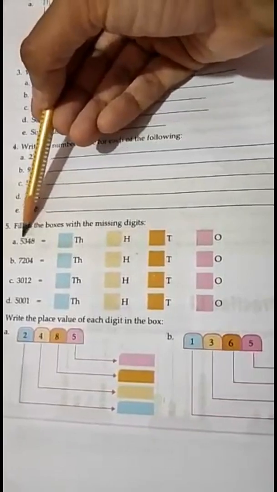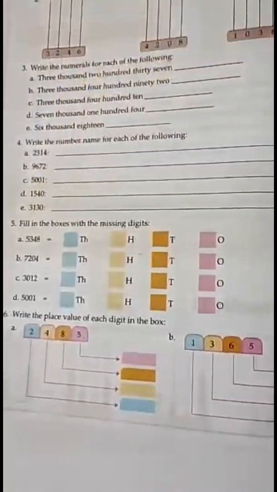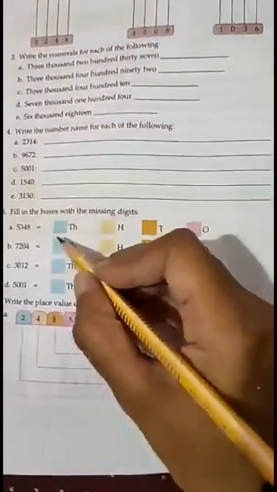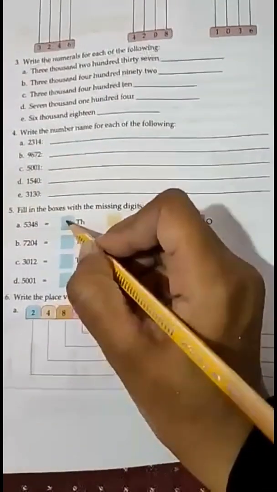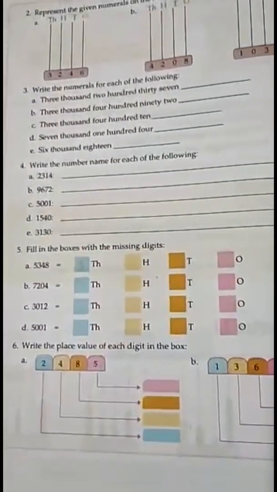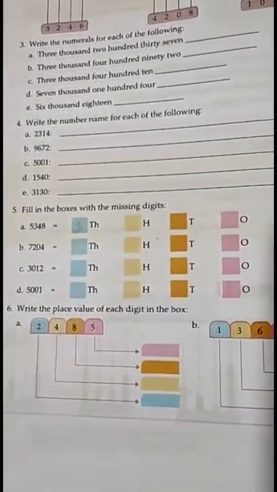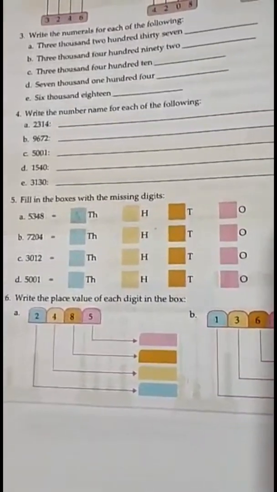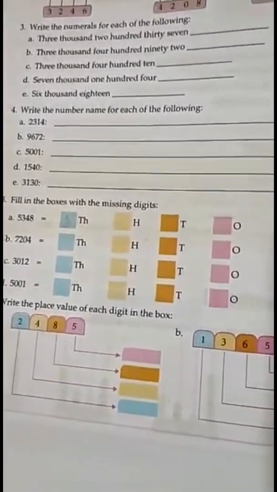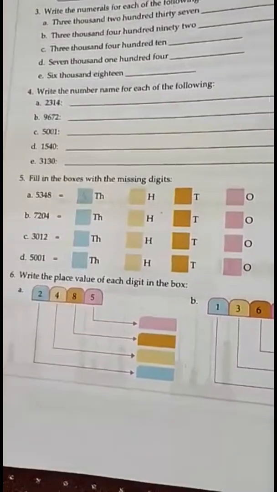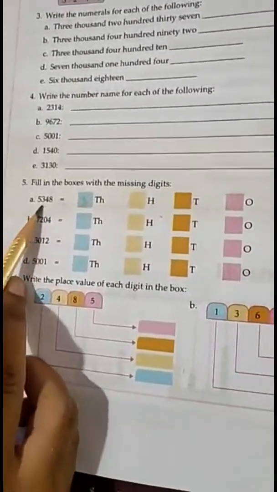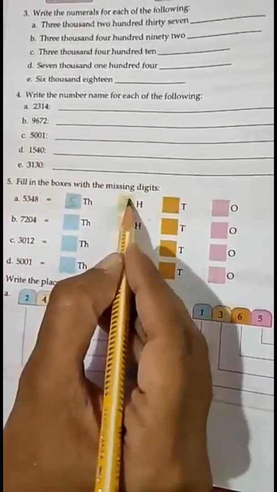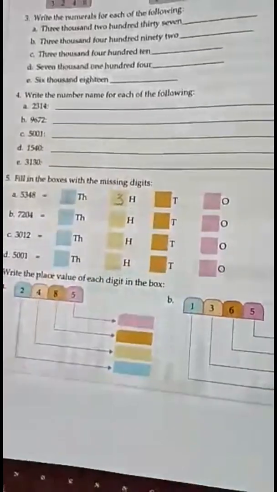Yes, 5. So we write 5 in the box. Now in the hundreds place, which number is there? Yes, 3. So we write 3 in the hundreds place beside.